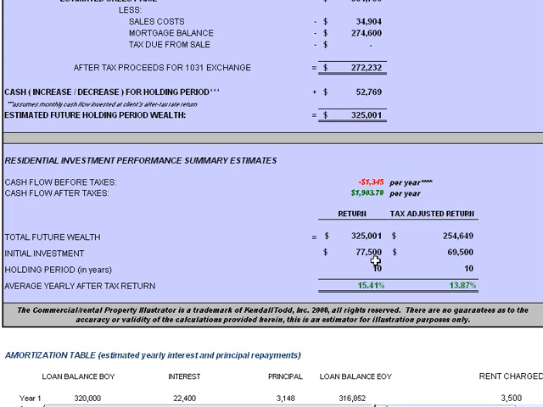But I'll still pay those taxes in the future. That's why we have the tax-adjusted return here, which adjusts for the effective return if you had to pay those returns today. I can see that deferring it will increase the tax-adjusted return from 13.87 to closer to 15.41.